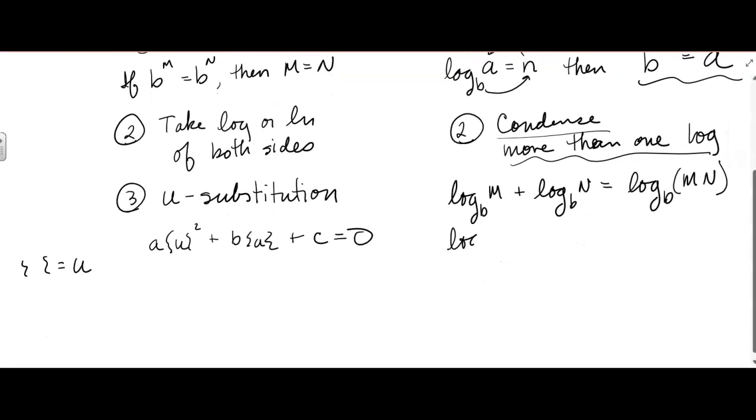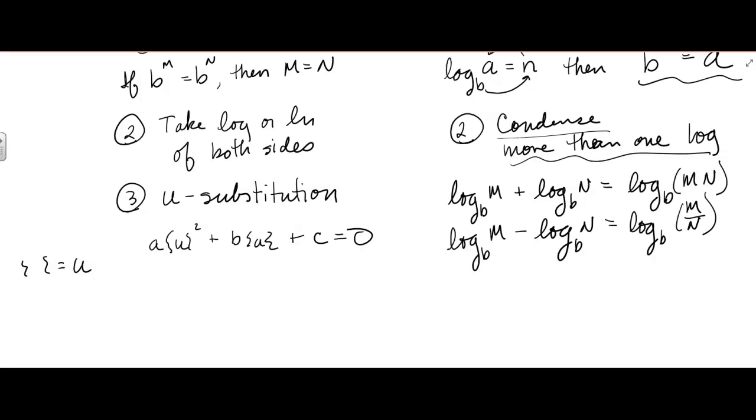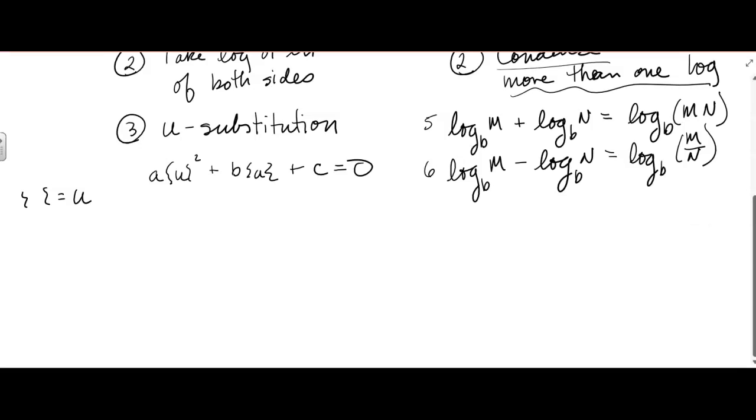And the other one is if you have log base b of m minus log base b of n, that equals log base b of m over n. Okay, and this was property 5 and this was property 6. Okay, so that's an idea.